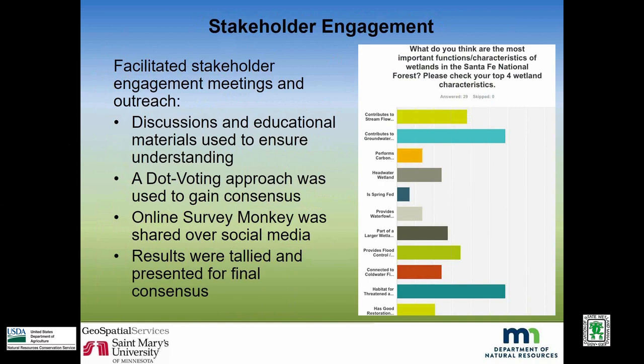And each one of those was taken before a stakeholder group, and the stakeholders were educated as to what those functions and benefits were, and then were asked to rank them and come up with a ranked list of what they felt as a stakeholder community were the most important functions and benefits to be preserved by the U.S. Forest Service in their planning process.